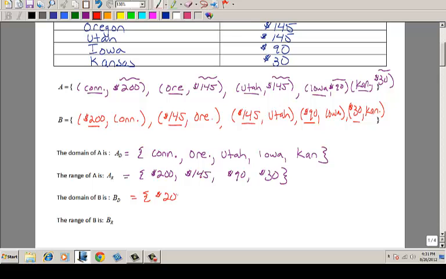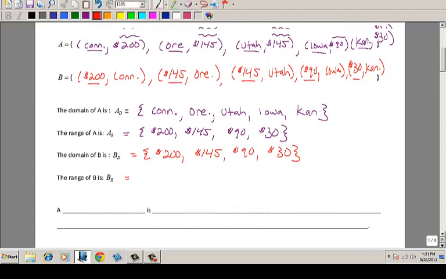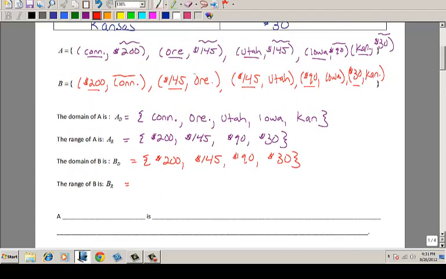So I write $200, $145, $90, $30. And the range of relation B is going to be Connecticut, Oregon, Utah, Iowa, and Kansas.